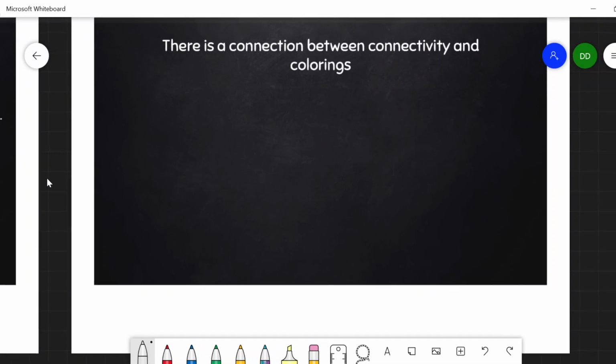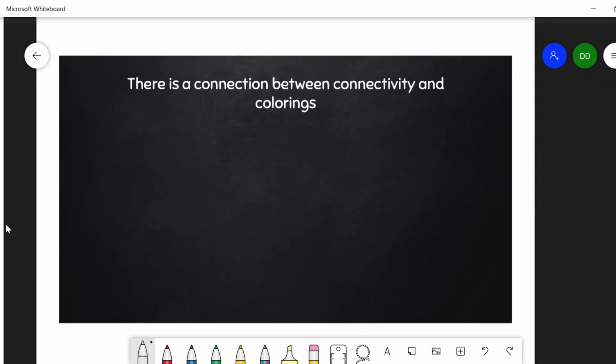All right, so here I want to point out a couple things we can say about the relationship between connectivity and k-critical graphs.